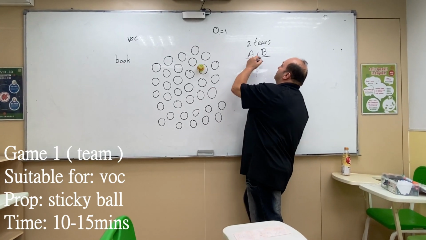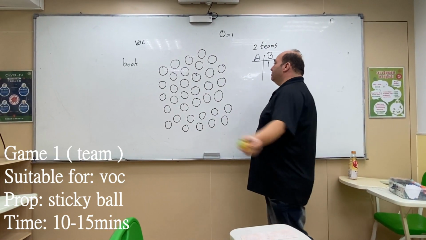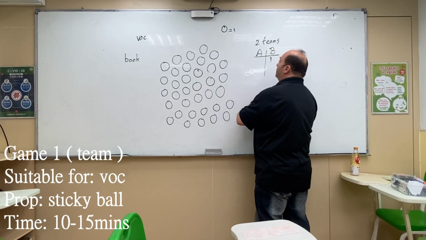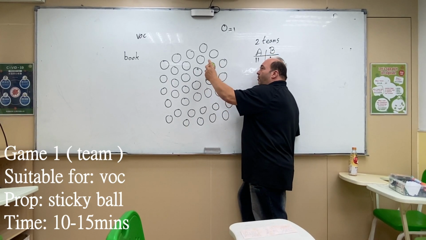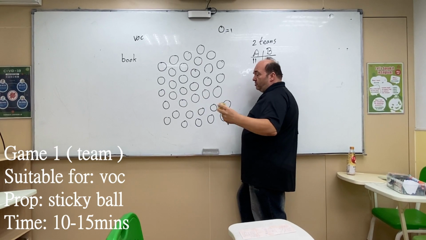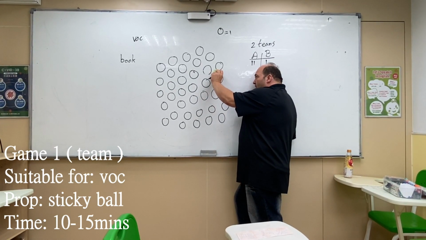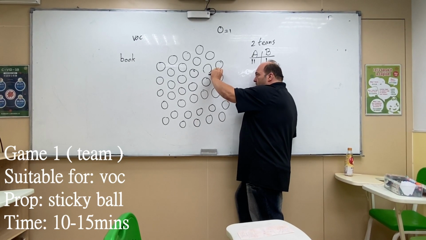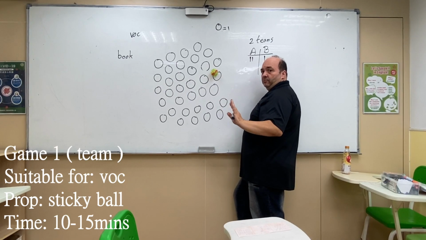So on 2 balls, they get 1 point. Team A throws 2 sticky balls, bang, bang, they get 2 points. If it hits the line, rule number 1, they get 0 points. No second chance to replay. If they hit the circle but it's not in the circle, it doesn't count.